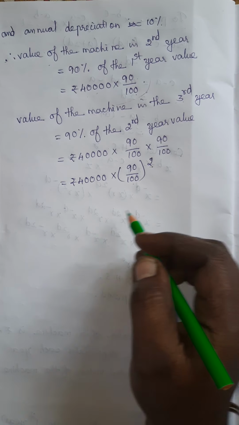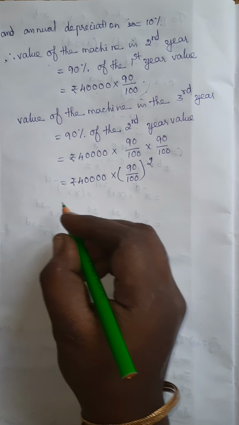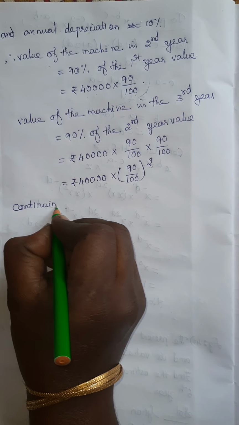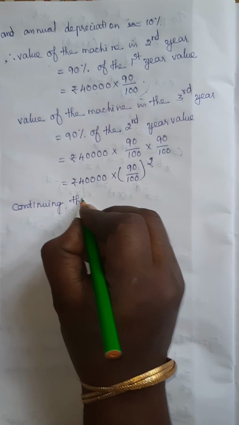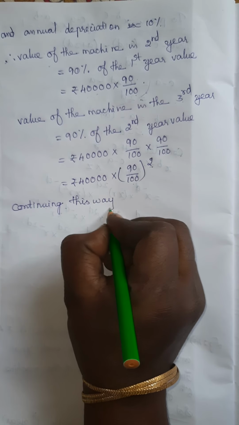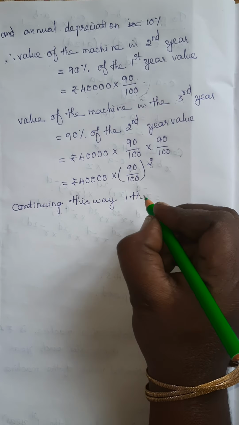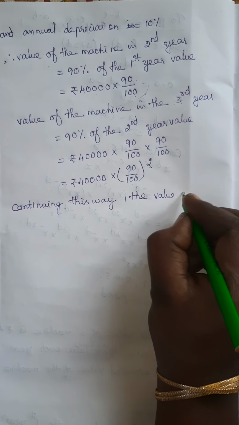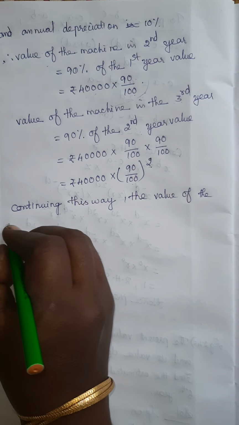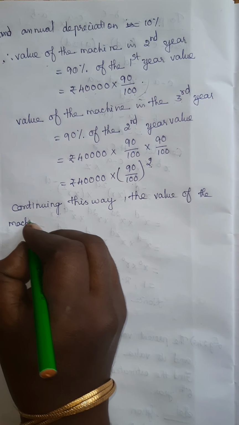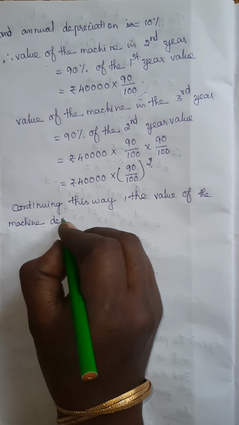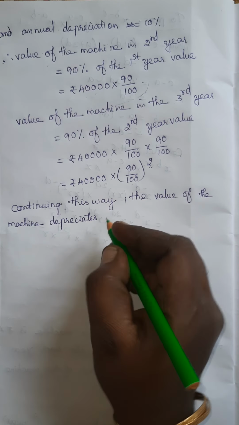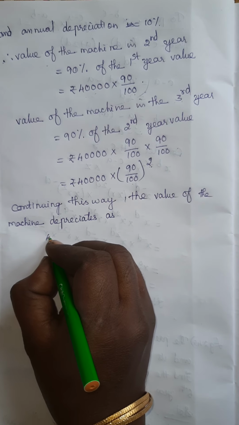Continuing this way, the value of the machine depreciates as 40,000.